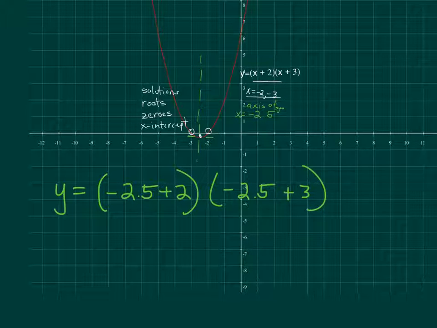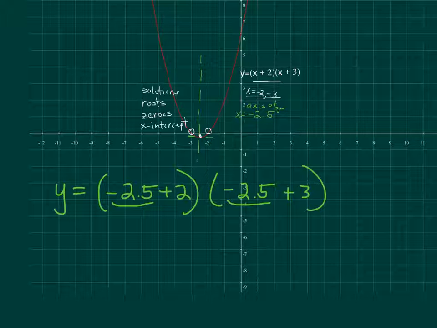So here I just took the factored form, and instead of putting x, I put the value of the axis of symmetry, because it is an x value at the point at the vertex. So when we solve this out, we'll end up finding out what y is equal to.